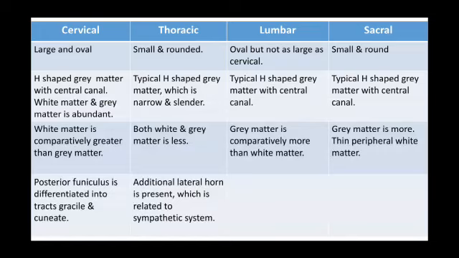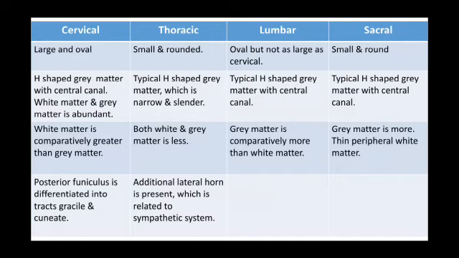In the cervical region, the white matter is more compared to the gray matter. Whereas in the sacral region, the gray matter is more and white matter is less. In the cervical region, the white matter is comparatively greater than gray matter.